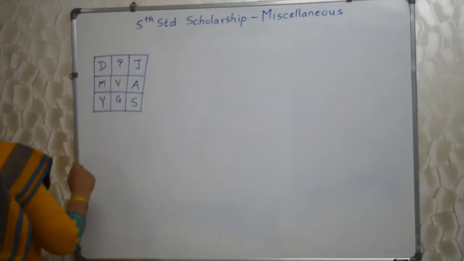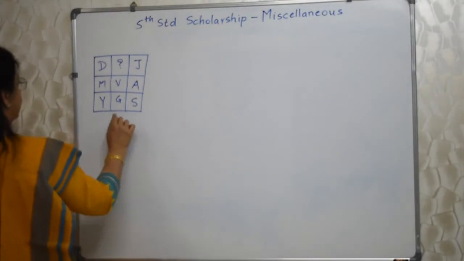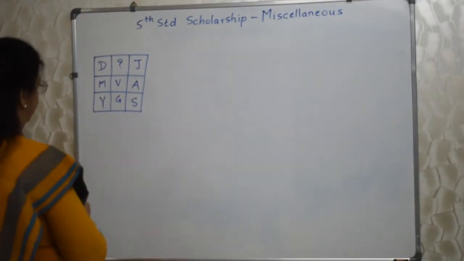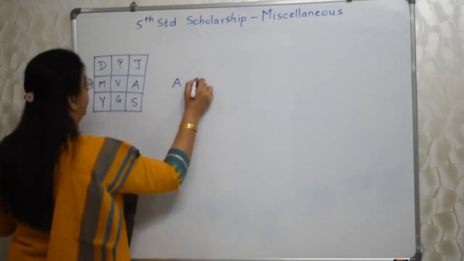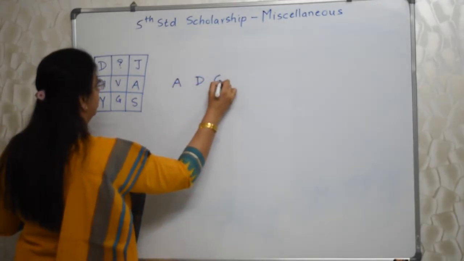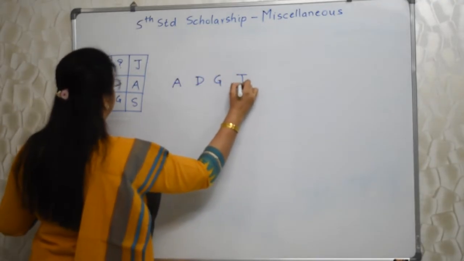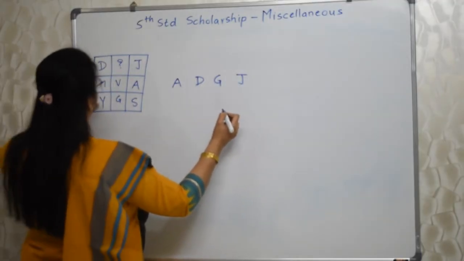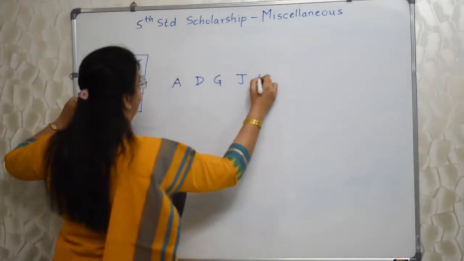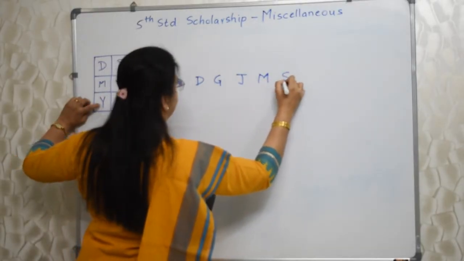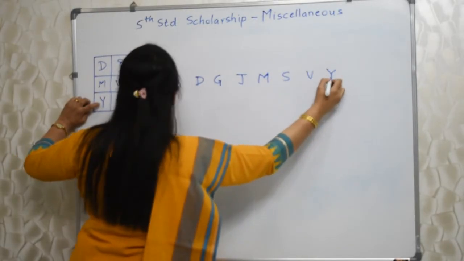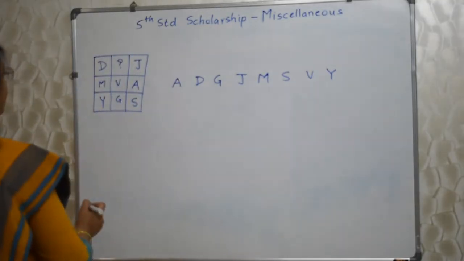Okay. I would suggest first to arrange all these letters in serial order. Starting with A. A, then D, then G, J, then M, then S, V and Y. Right?